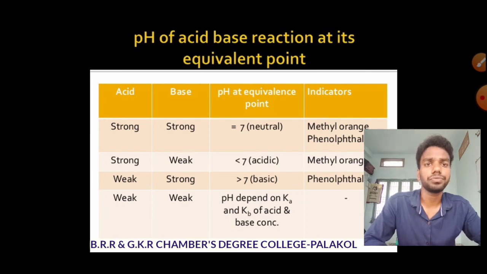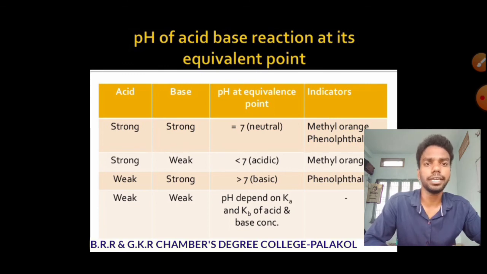And the second one, strong acid and weak base. Strong acid, that is HCl, and weak base ammonium hydroxide, NH4OH. HCl plus NH4OH gives NH4Cl plus H2O. So here, with a strong acid, the equivalence point, that is the end point, lies at pH less than 7, that is acidic medium.